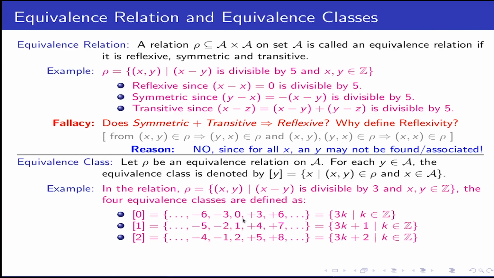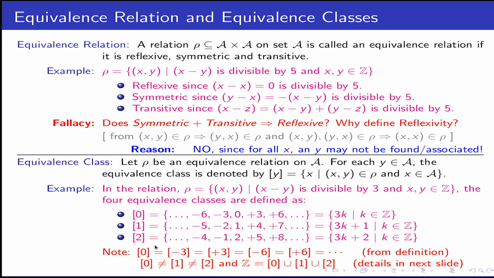Now see one thing: can an element here, let's say 3, be related to the element 4? No, because x minus y should be divisible by 3. So 4 minus 3 is not divisible by 3, whereas 4 minus 7 or 7 minus 4 is divisible. Therefore, I define a class in such a way that if you choose any 2 elements in the class, the relation is valid. If you choose 2 elements from different classes, the relation is not valid.